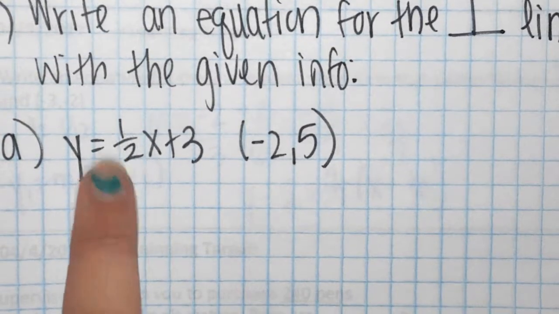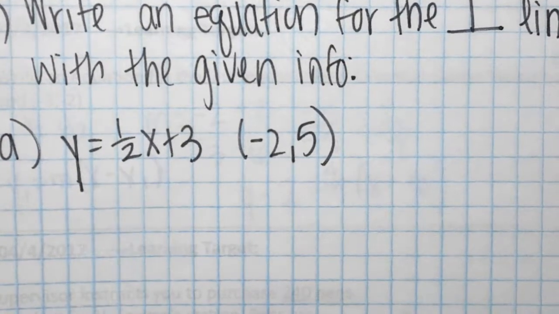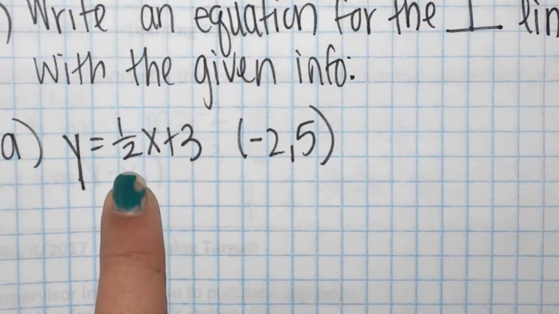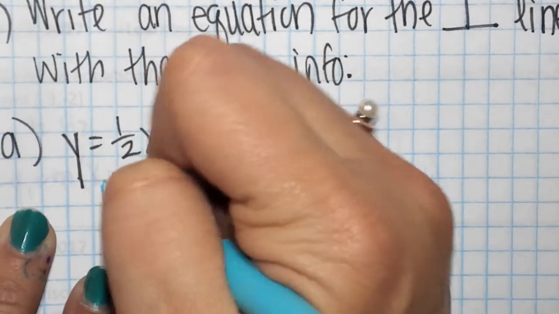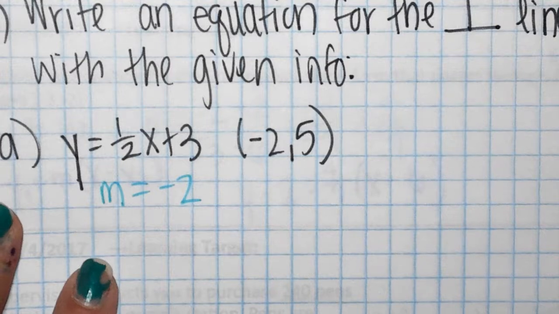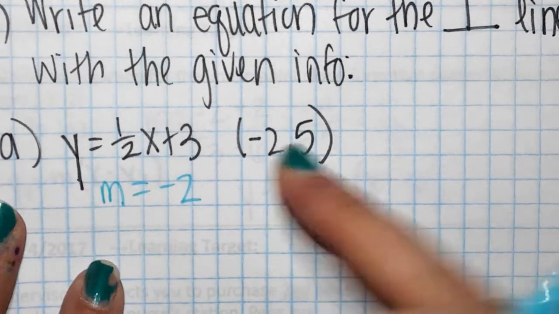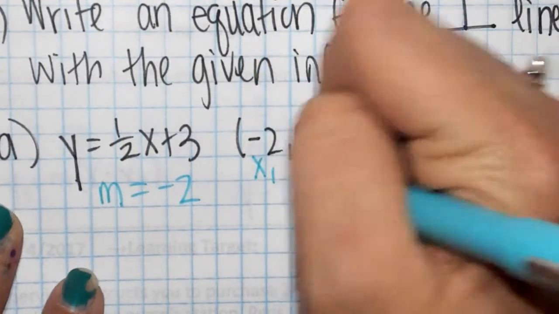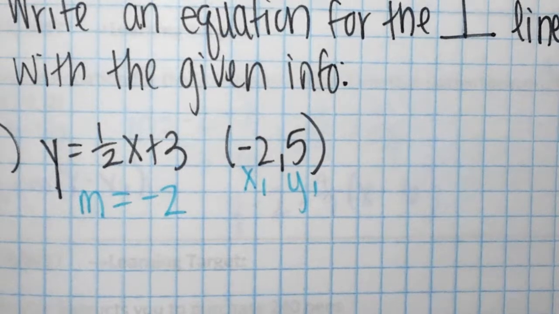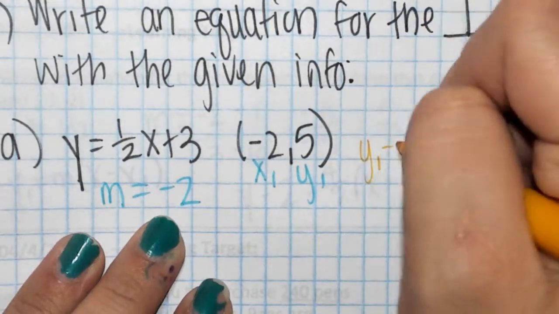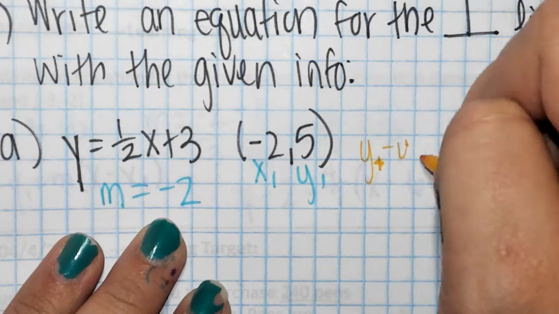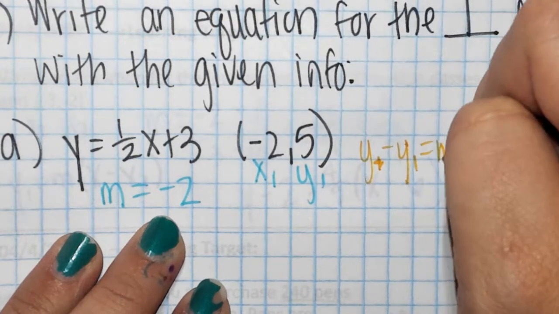Alright, so my original slope is what here? So what would my opposite reciprocal be? -2. Flip it over, it's -2. So m equals -2. We have a slope, we have a point. What form do we use? Point-slope form, which is y minus y1 equals m times x minus x1.